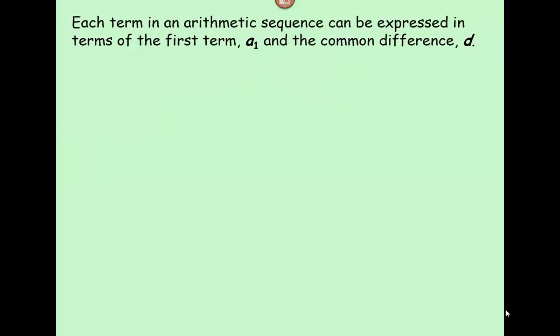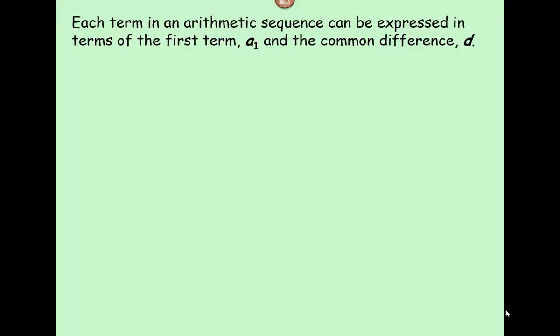Today we're going to be studying how we can use the sequence that we're looking at, the first term, and the difference, to find any term in the sequence without having to go through the whole long list of numbers. So the first thing we did was talk about subscripts, and we said that each term in the sequence would have a subscript.